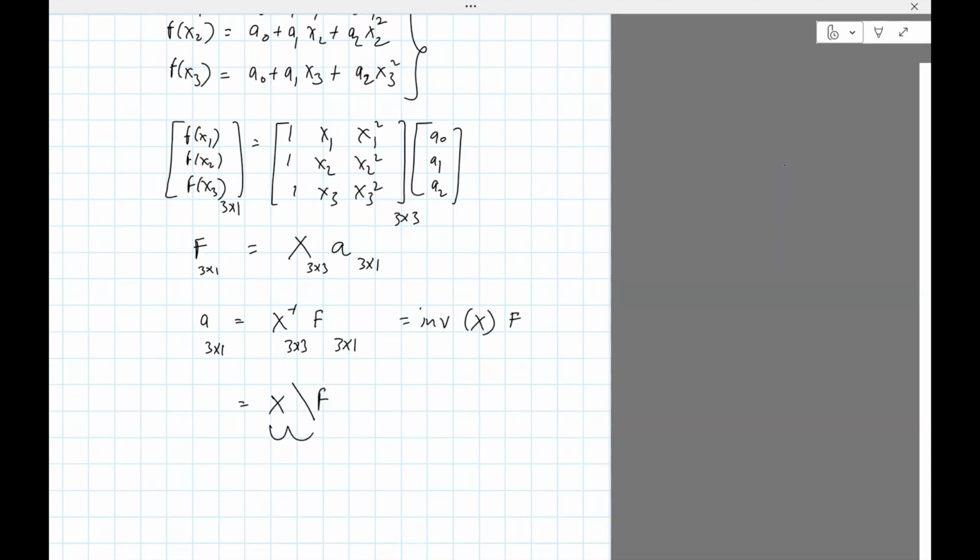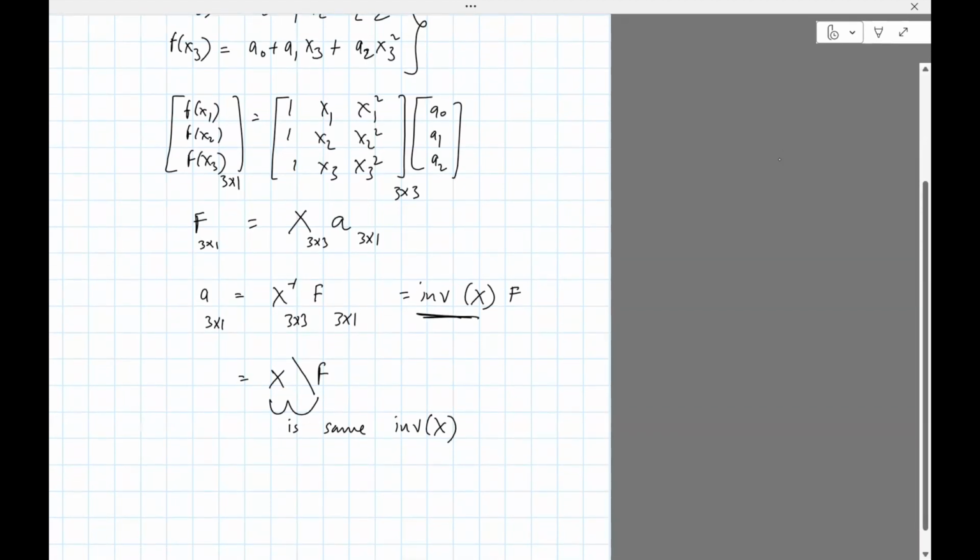This is basically the same as inverse X. Why do you want to do it? It uses better numerical calculations to figure out the inverse. It's numerically more stable, this operation X backslash, than using inverse X. So MATLAB, for example, will specifically complain about using inverse.